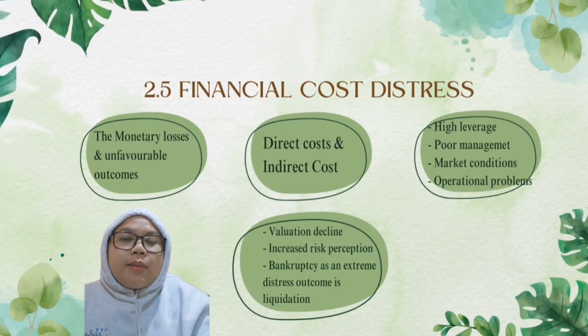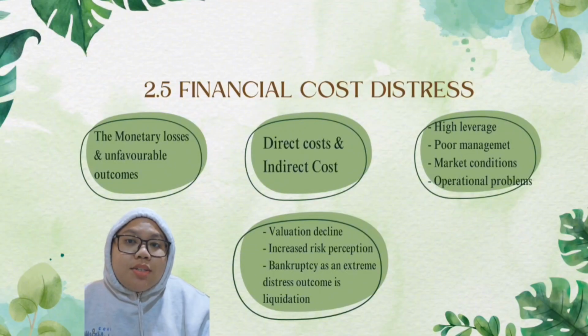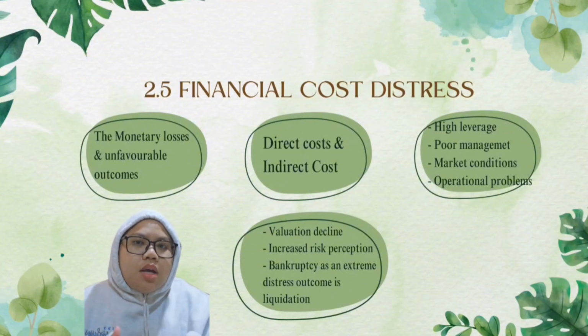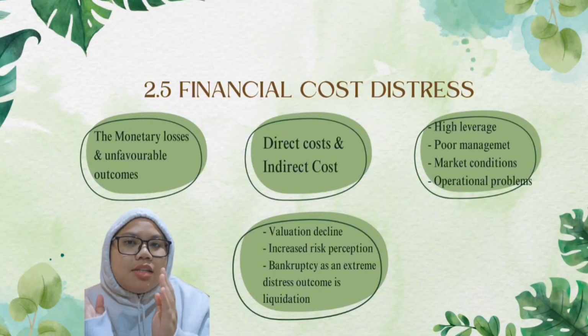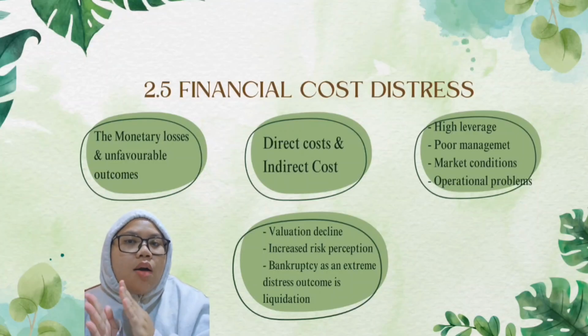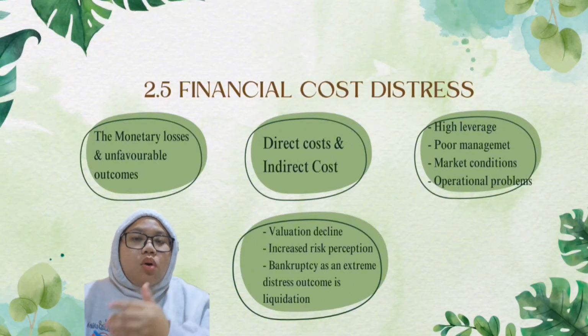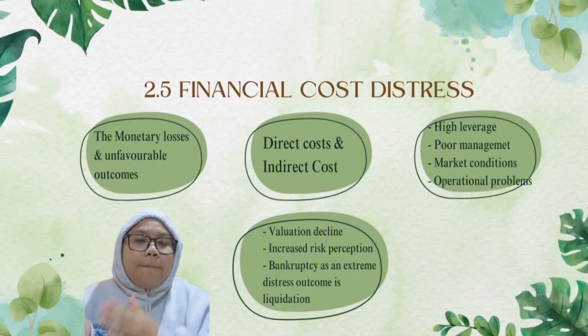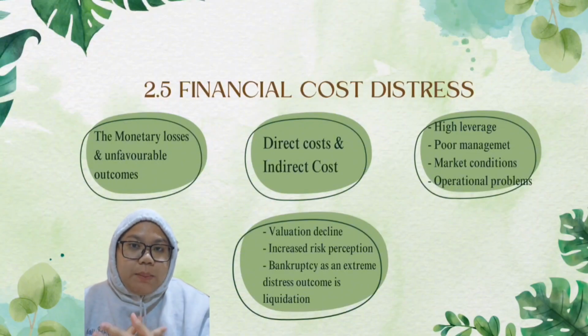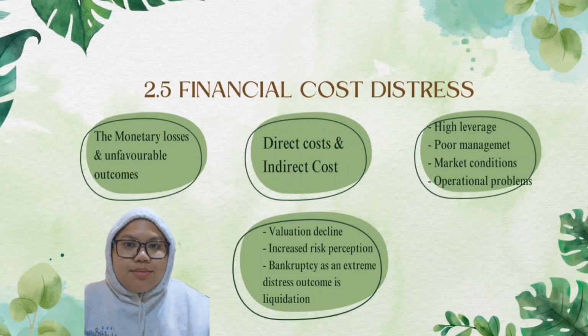There are two types of distress costs, which are direct costs and indirect costs. What are direct costs? Direct costs mean measurable out-of-pocket expenses that arise from the financial distress. Meanwhile, the definition of indirect costs is more difficult to quantify but can have a significant impact on the company's value.